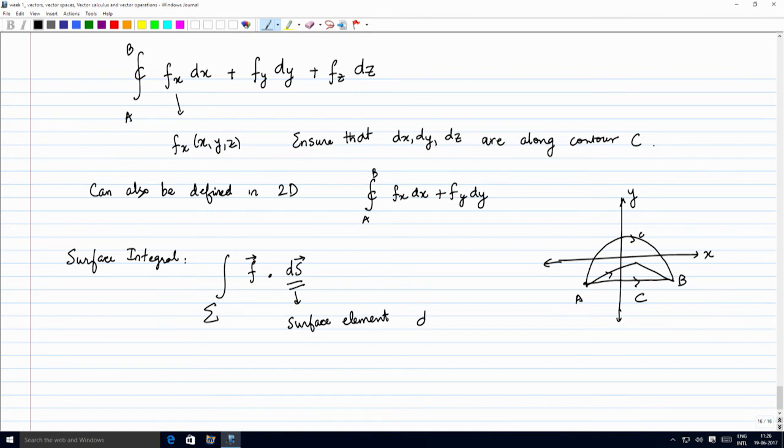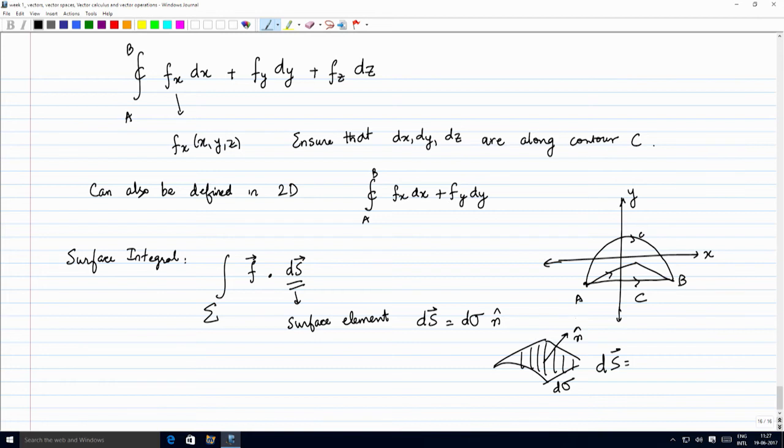So, ds is basically your surface area d sigma, which is a scalar, times the normal. If you have some sort of surface like this, you can define a normal to the surface. This is my very small element ds, equal to d sigma, the infinitesimal area, times this normal element.